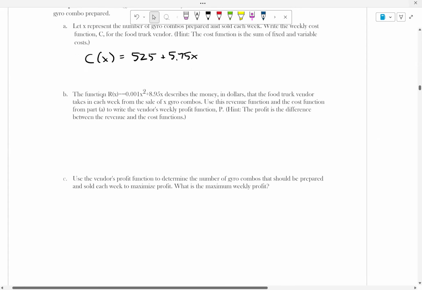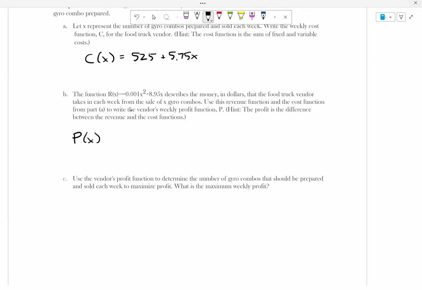The function R of X describes the money in dollars that the food truck vendor takes in each week from the sale of X combos. Use this revenue function and the cost function from part A to write the vendor's weekly profit function. Hint: the profit is the difference between the revenue and the cost function. Let me read this again. Okay.